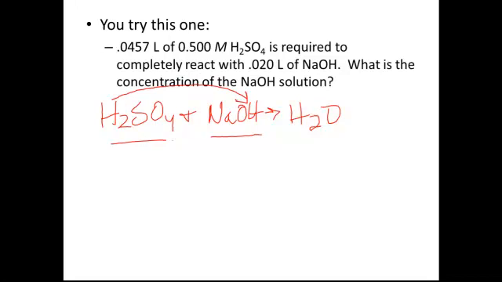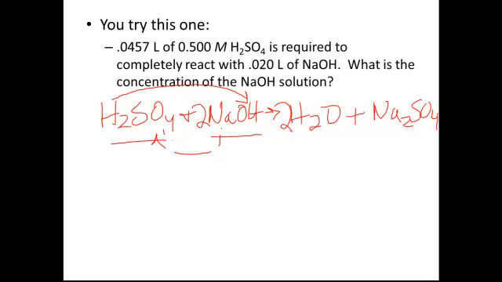And then what's left is the sodium and the sulfate, so we're going to have Na2SO4. To balance that, we're going to need a 2 here for the sodiums, and then a 2 here to balance out the hydrogens and the oxygens. Okay, so we've got our balanced equation.